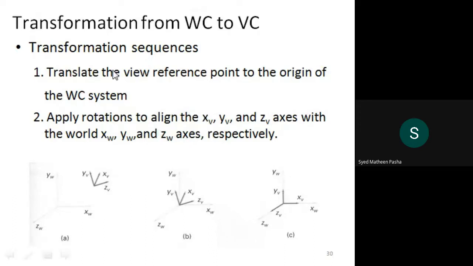As I told, the first step is to translate the view reference point to the origin of the world coordinate system. Suppose you are considering some origin point with respect to some reference point; you should first perform the conversion with respect to that particular origin.